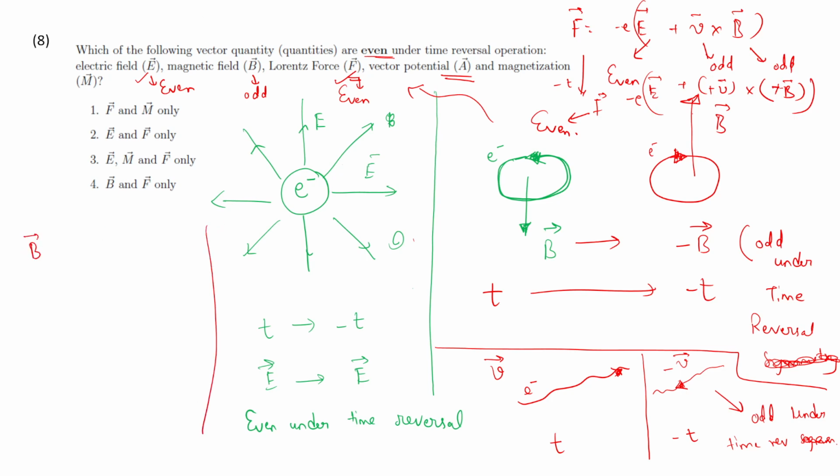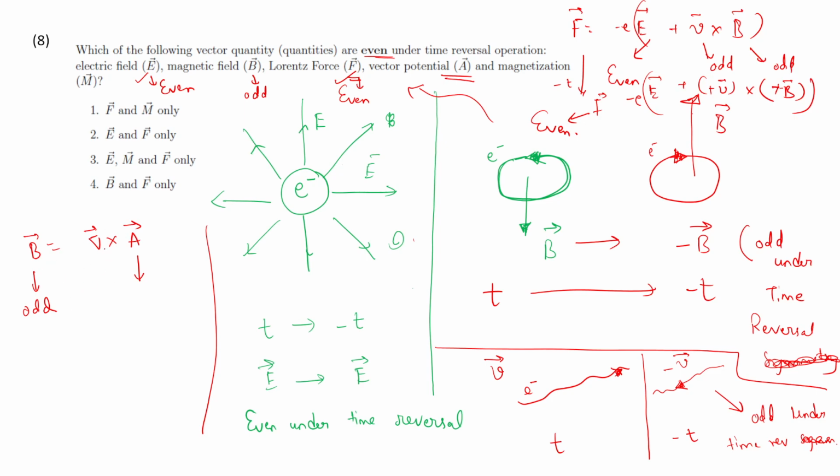B is equal to curl of A, and B is odd. What we want is to reverse the time.